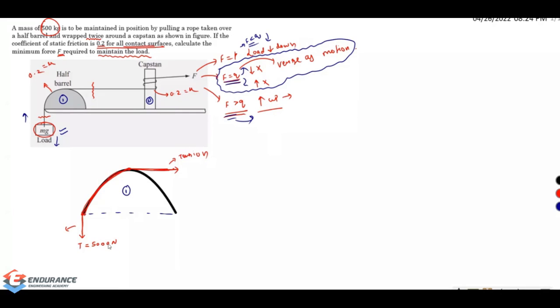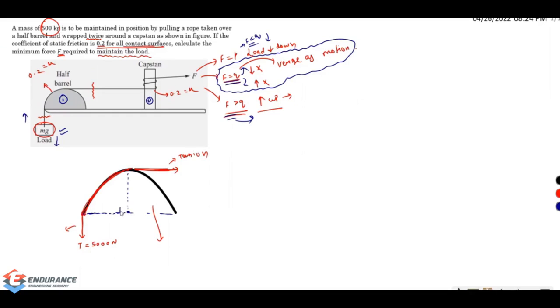Now the question is, which case is it falling under? It is something like a pulley. Half barrel means it is like a pulley with a wrap angle. How much is the wrap angle from the top point, and also from here?